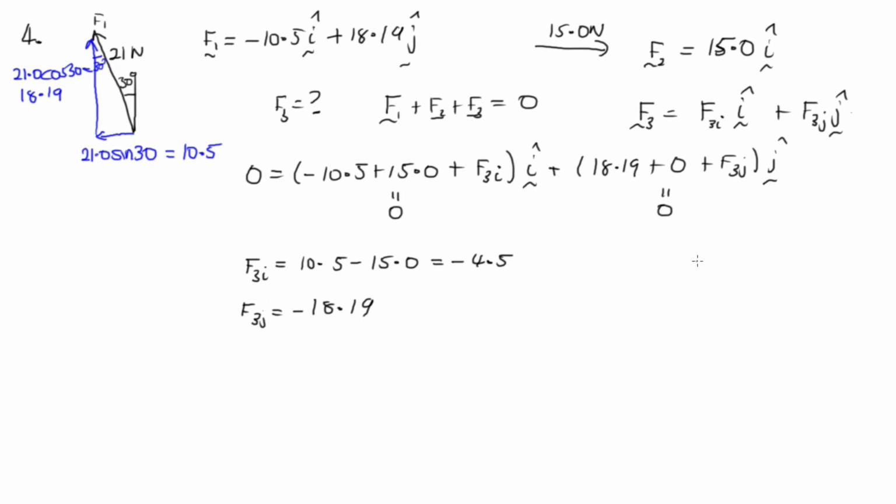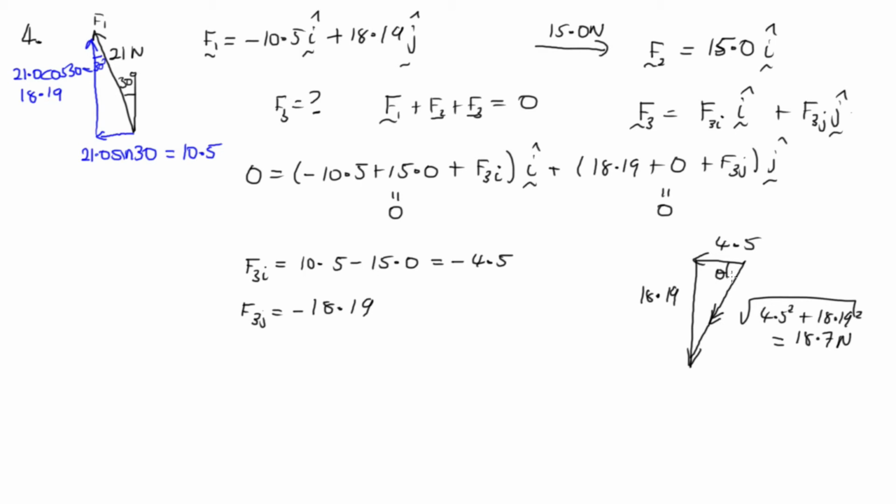So let's draw them. Here we've got 4.5 pointing to the left that way, and then we've got 18.19 pointing down like that. What we're trying to do is find this resultant here. So this is equal to the square root of 4.5 squared plus 18.19 squared, and this is equal to 18.7 newtons. And now we also need to find this angle theta here, which is marked on the diagram.